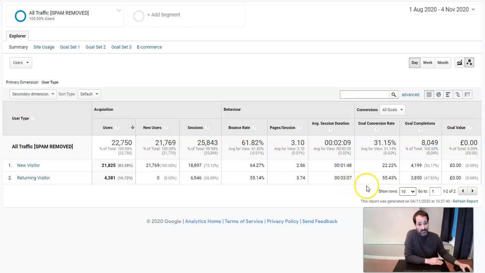What's interesting about that is that the percentage of completed conversions actually jumped up. Out of every 2 people, 1 has converted. Over 50% conversion rate, which is absolutely brilliant.